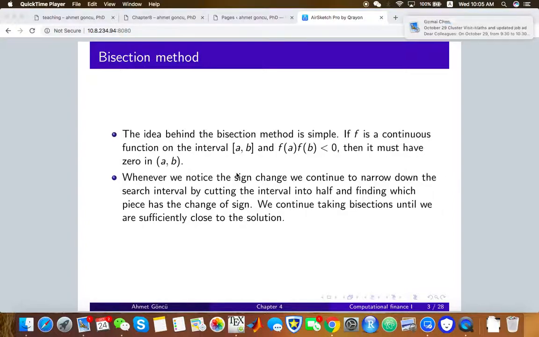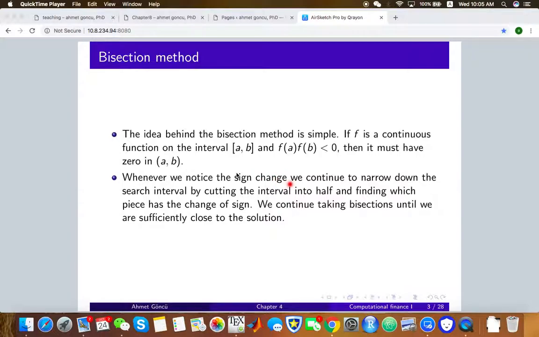The idea in the bisection method is quite simple. If there is a root of a function f on the interval a to b, then f of a times f of b must be negative. In other words, there must be a change in the sign of this function if there's a root in this interval.